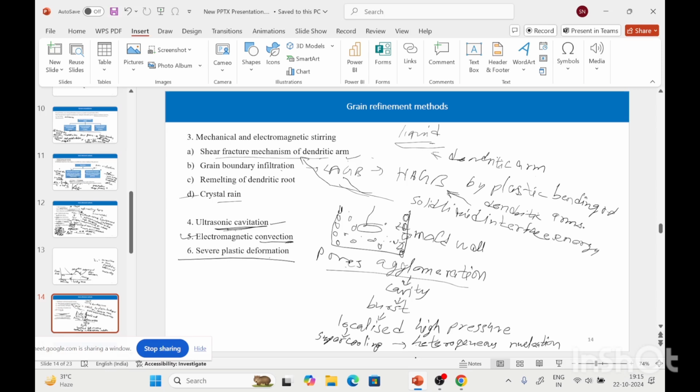Due to the severe plastic deformation, dynamic recrystallization generates. This severe plastic deformation will be in the solidified metal, so that will lead to dynamic recrystallization, and we studied that dynamic recrystallization generally leads to finer grain.